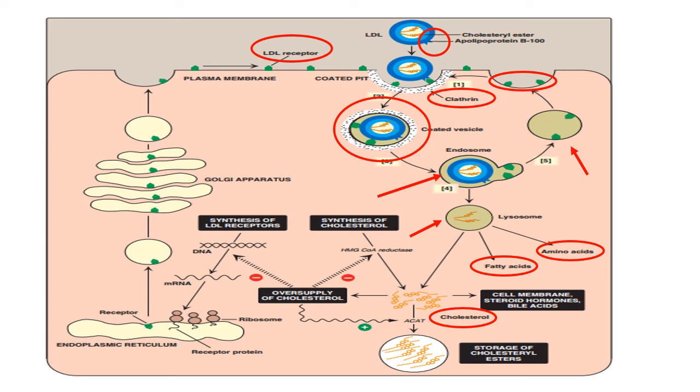Elevated levels of endocytosed cholesterol reduce the activity of HMG-CoA reductase enzyme, so they reduce de novo cholesterol synthesis. It also reduces the expression of the LDL receptor gene, thus limiting the entry of LDL cholesterol into the cell.